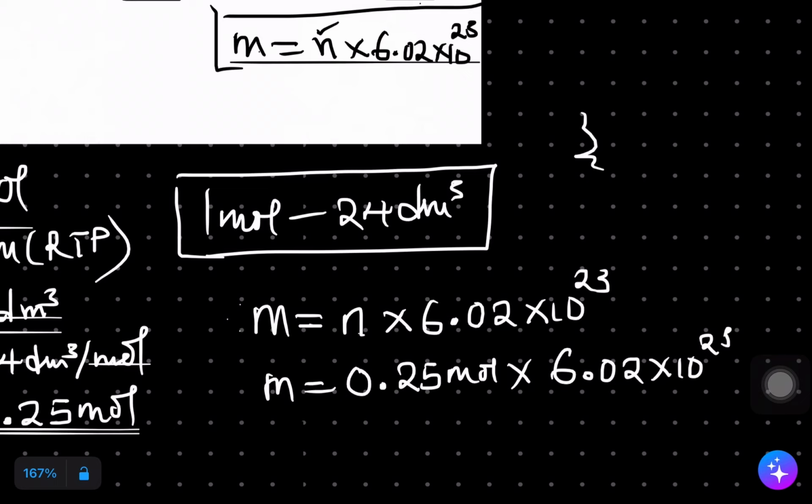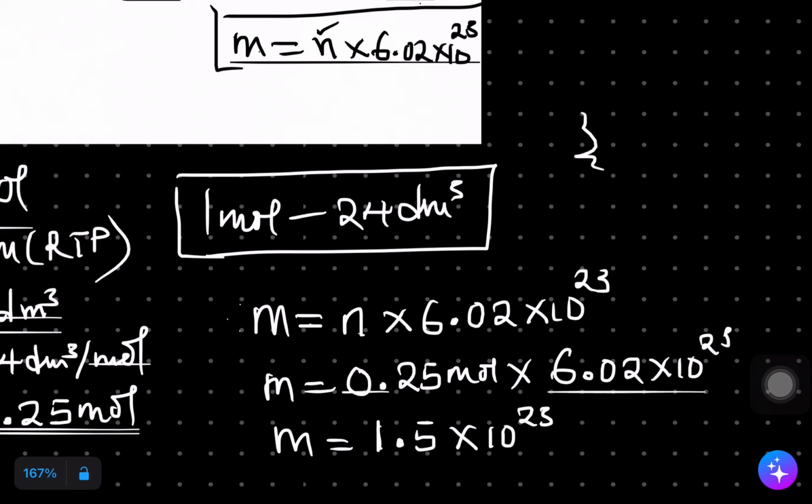You multiply 0.25 times 6.02, without including the 10 to the power of 23, and we get 1.5 times 10 to the power of 23.